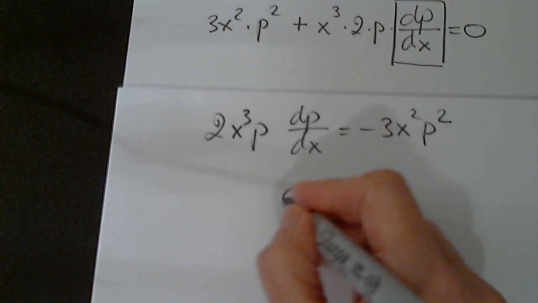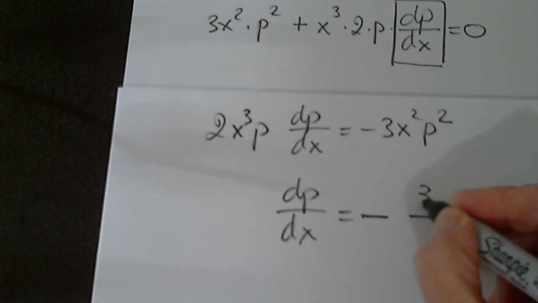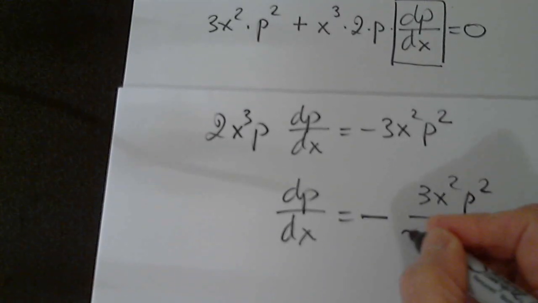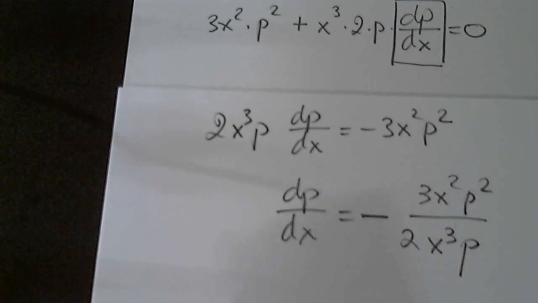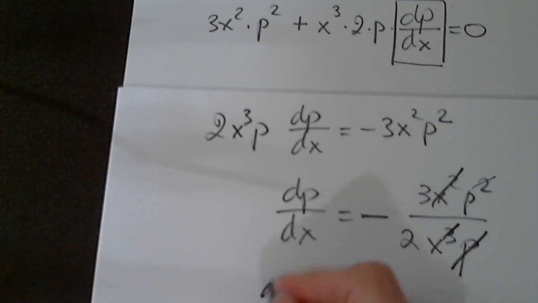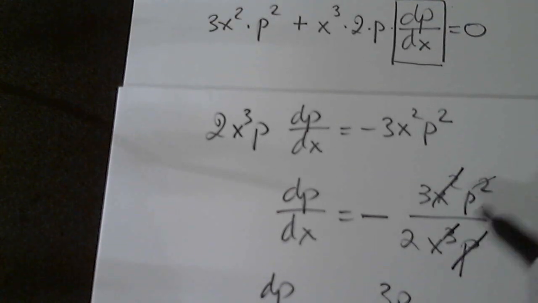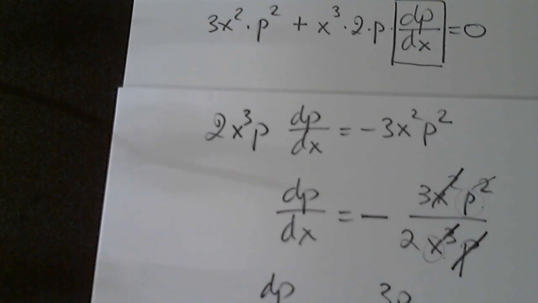I divide by this, dp over dx equals negative 3x squared p squared over 2x cubed p. I will try to simplify it. A p from the bottom with a p from the top, 2 x's from the top, 2 x's from the denominator. So dp over dx equals negative 3p over 2x. This is left.